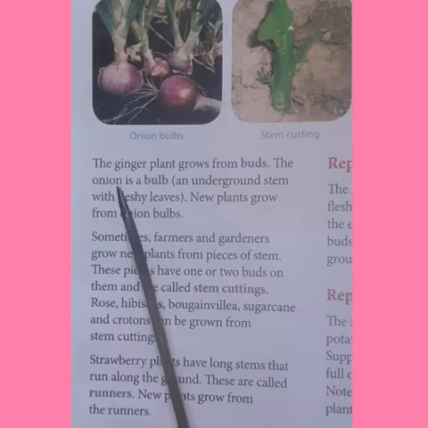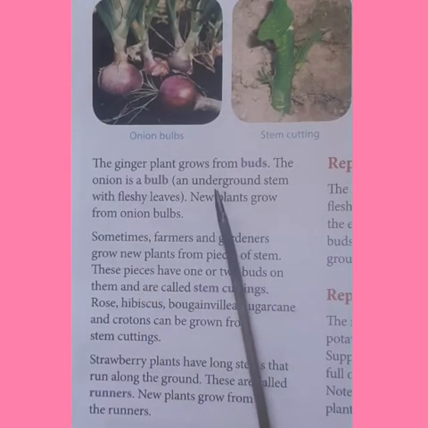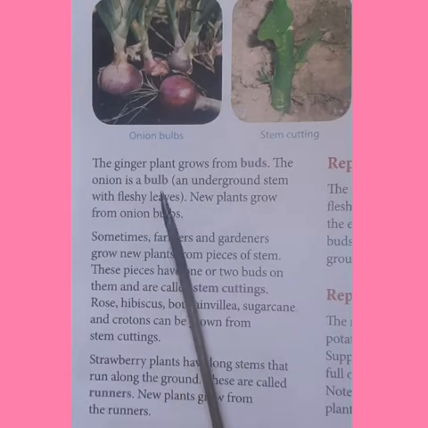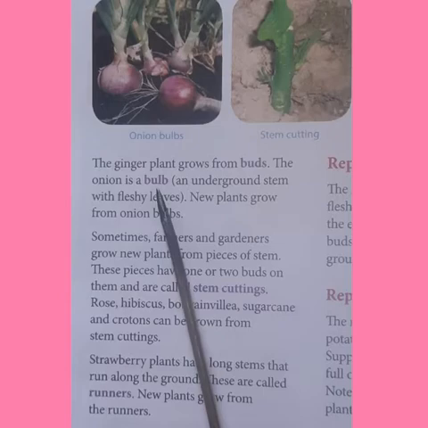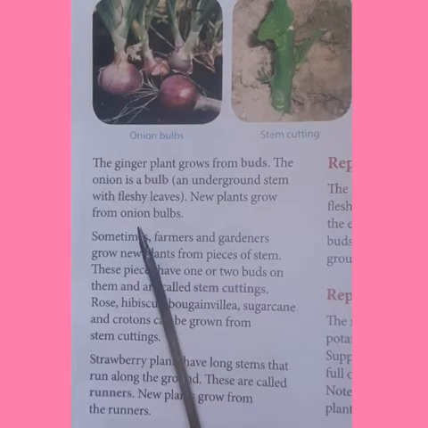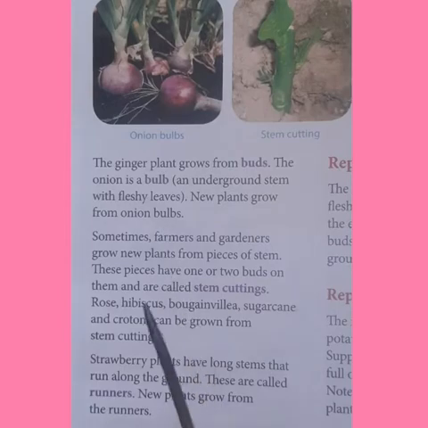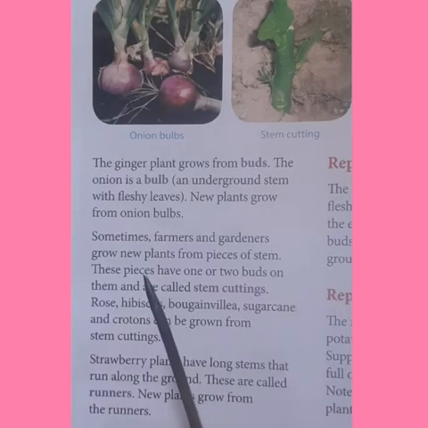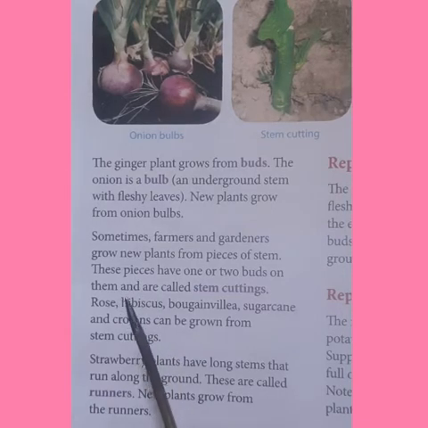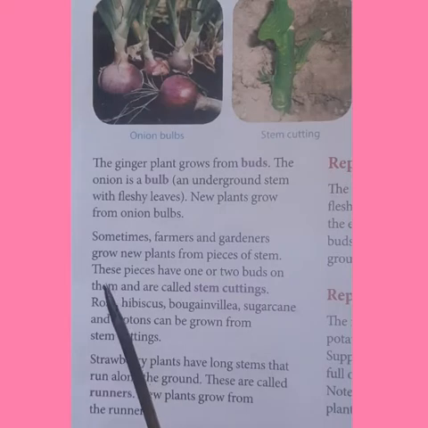All know about onion. Onion is also an underground stem with fleshy leaves. Since it has fleshy leaves, it is considered to be a bulb. New plants can be grown from onion bulbs. Usually, farmers and gardeners bring pieces of stem which have one or two buds on them, and they grow them into new plants.